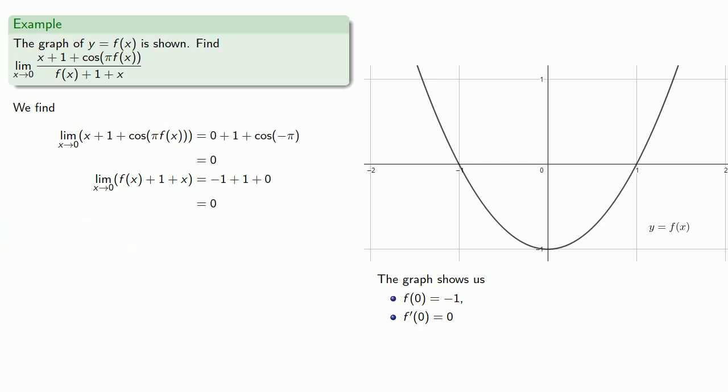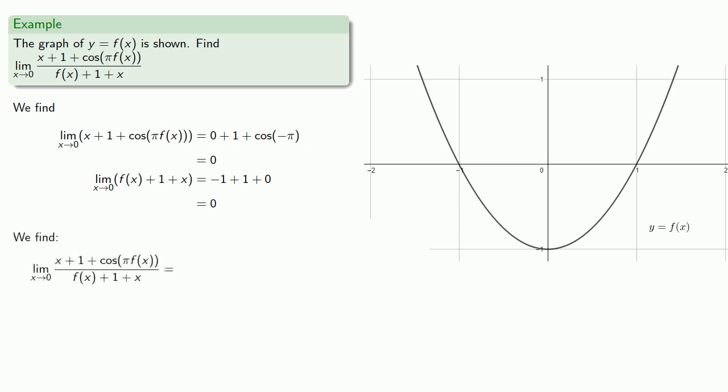And since both limits are 0, we can gain admission to the L'Hopital. So the limit of the quotient of the functions is equal to the limit of the quotient of the derivatives, provided that everything exists, and so we'll find our derivatives of numerator and denominator.